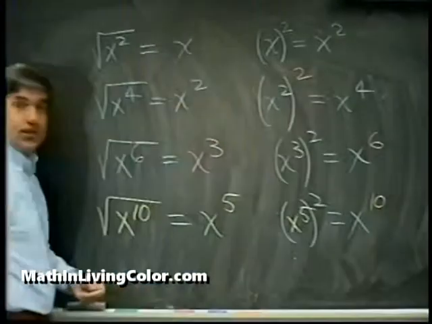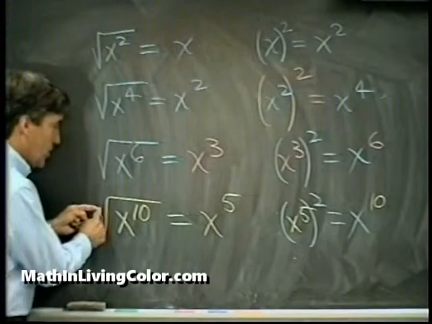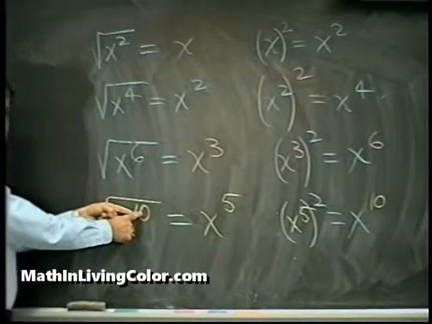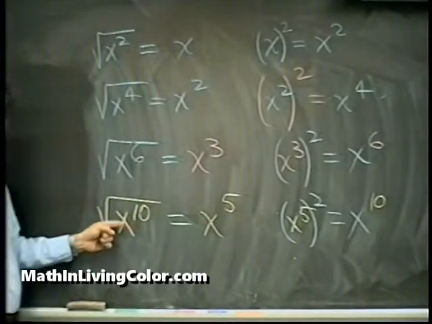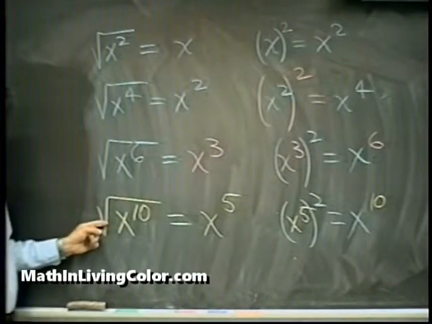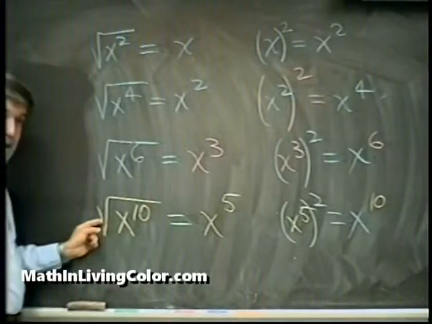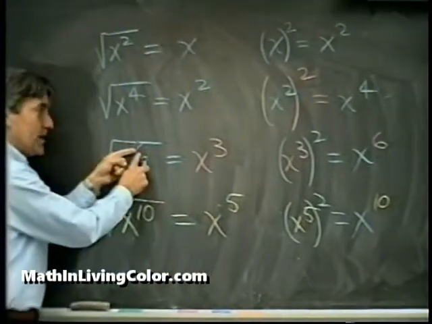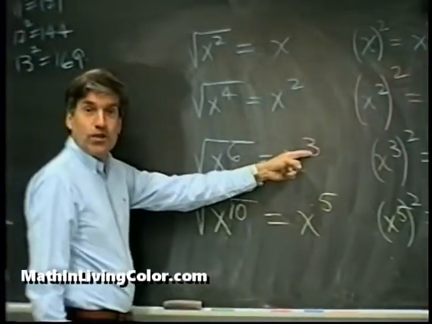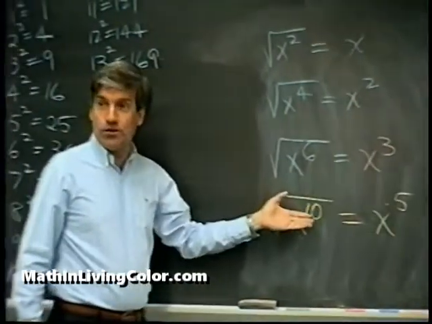Okay? Does that make sense? In other words, what do you do with the exponents when you take a square root of something with an exponent? You have to take half of it, don't you? Take half of the exponent. Half of 10 would be 5. Half of 6 would be 3. So when you're taking a square root with exponents, you take half of the power.